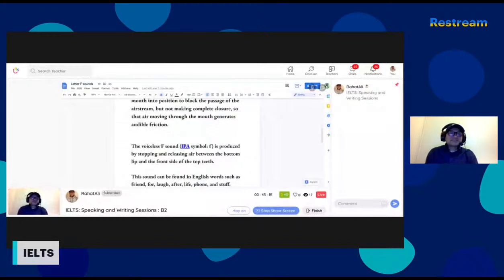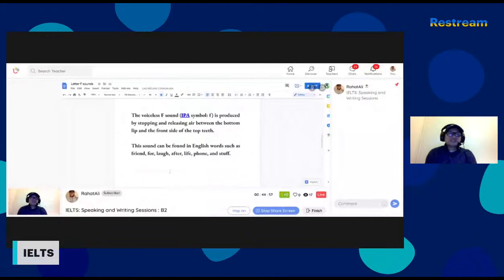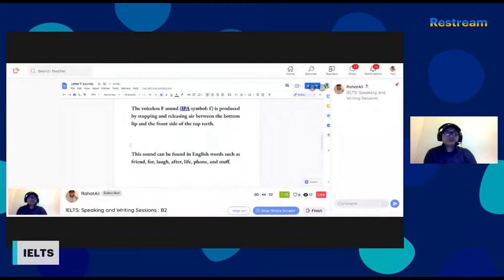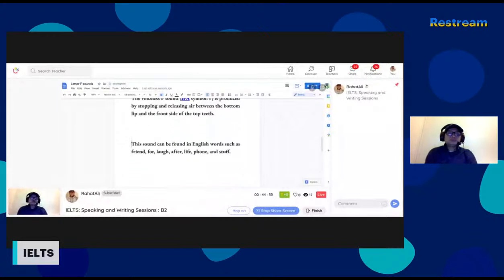The voiceless F sound is produced by stopping and releasing air between the bottom lip and the front side of the top teeth. So it is F. You can see that F. The sound can be found in English words such as friend, for, laugh, after, life, phone, stuff.